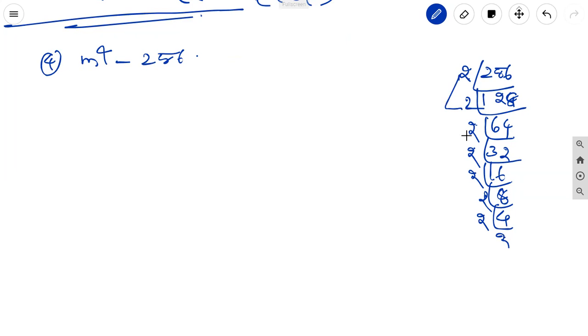That is nothing but 2 to the power of 8, so it can be written as (m square) whole square, or m to the power of 4 minus 2 to the power of 4 to the power of 4.